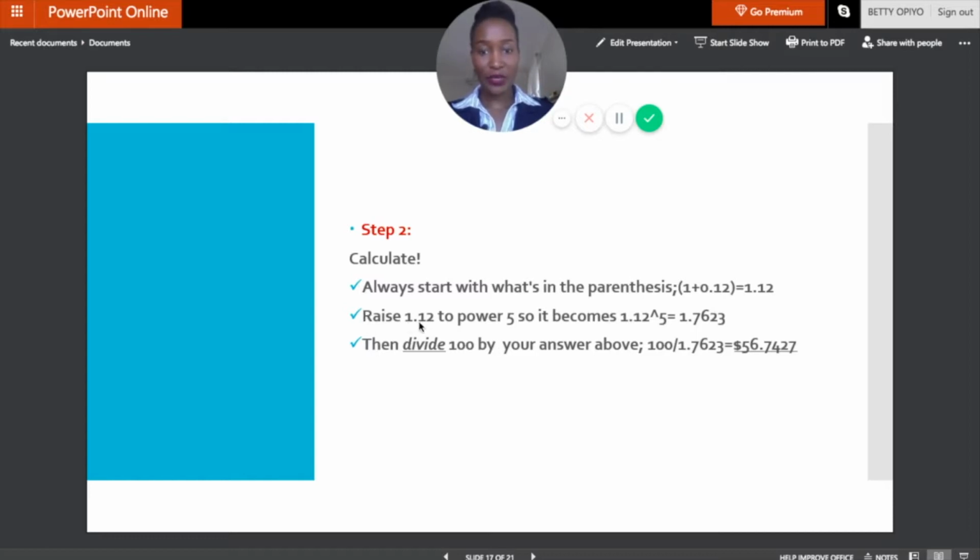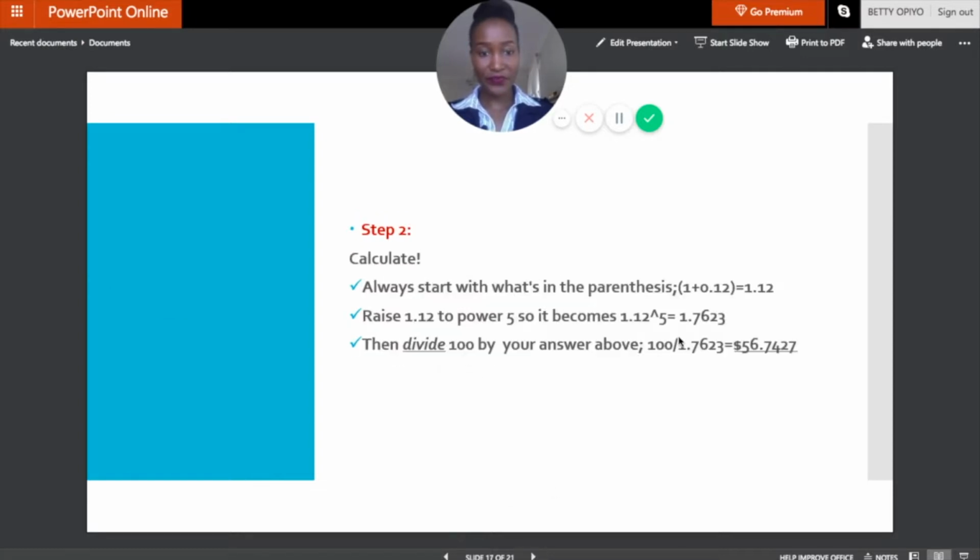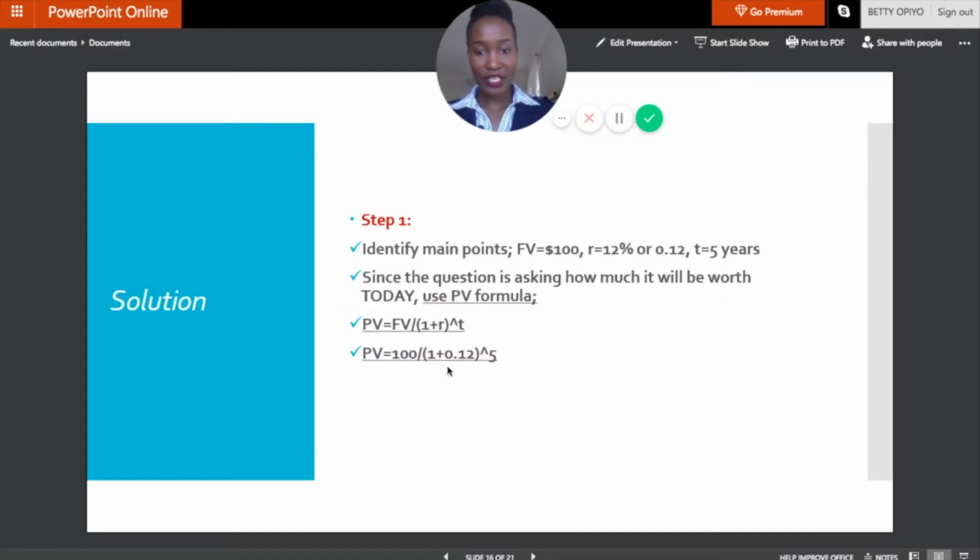And raise 1.12 to the power of 5, because 5 is the T. So we have that exponential here: 1 plus 0.12 raised to power 5. And that yields 1.7623.